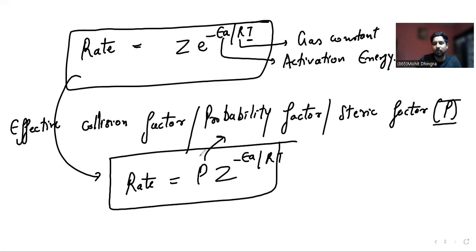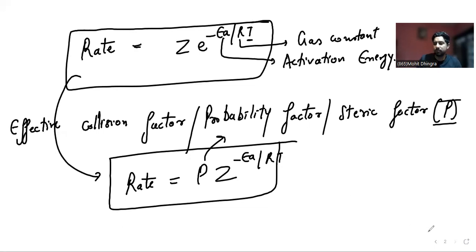Here P is this probability factor, which represents the actual collisions, the specific collisions which are happening and are responsible for the formation of the product.